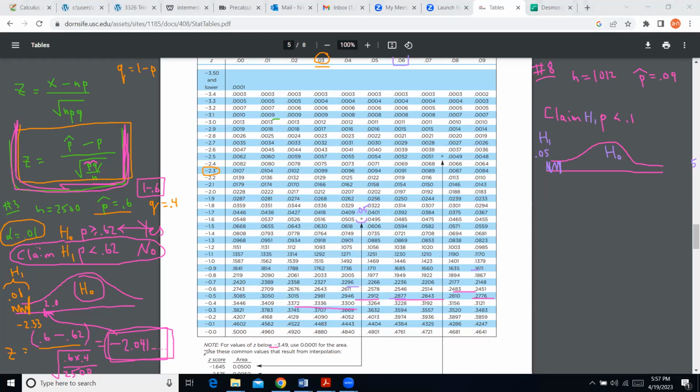It's right in between, and since we don't know which one to take, we take the middle, and that would be ending with an extra 5, negative 1.645, like that.